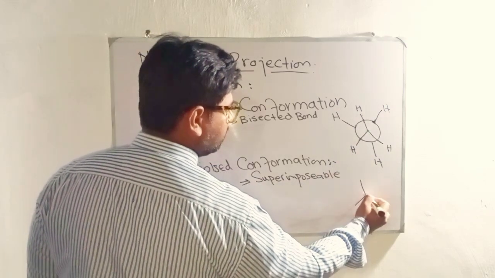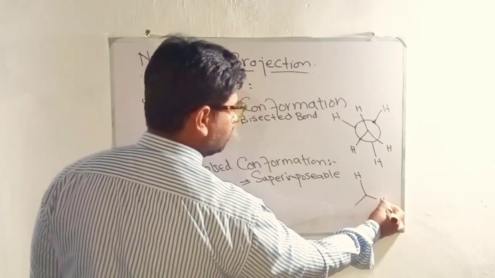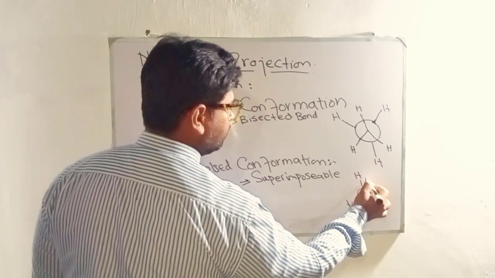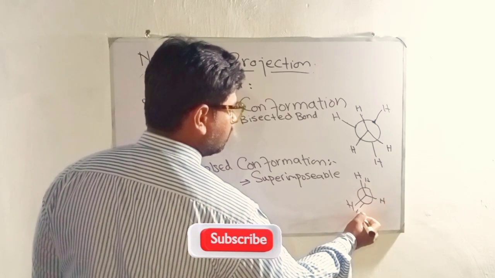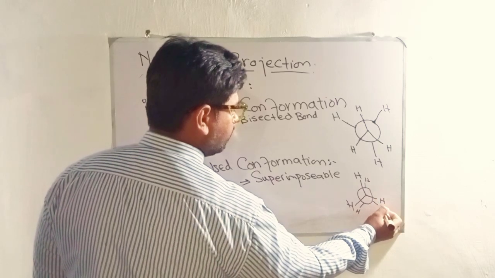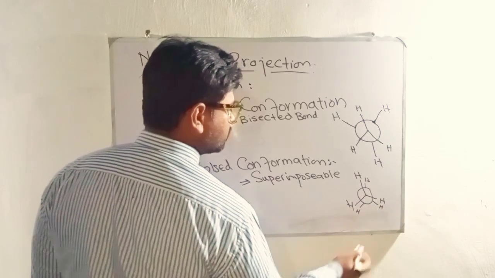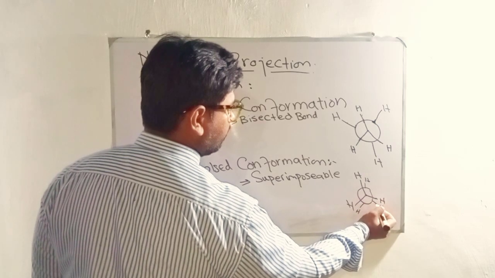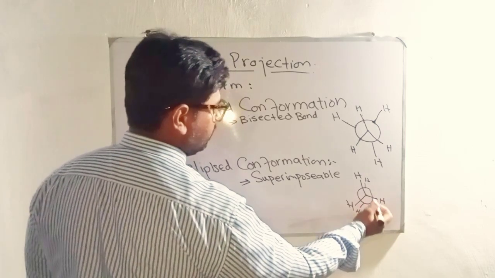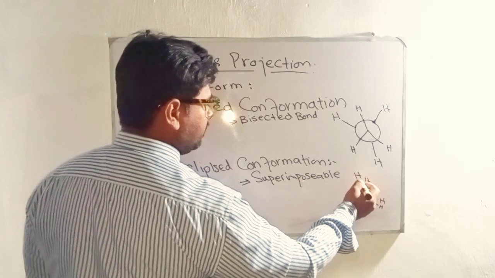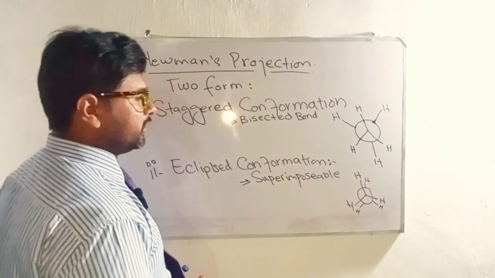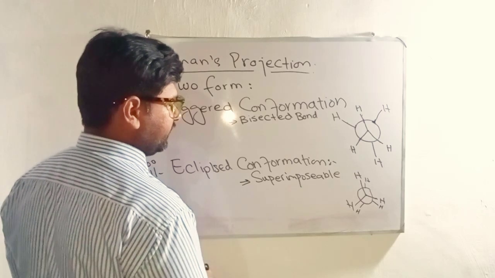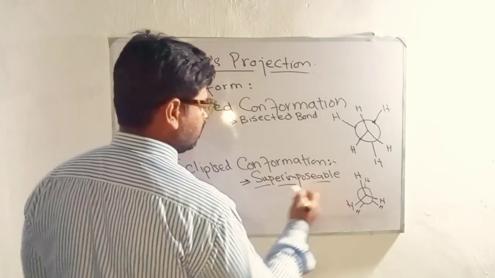For example, this is the front carbon of ethane, and the rear carbon is parallel to the carbon to hydrogen bonds of the front carbon. So these carbon to hydrogen bonds of the front carbon are parallel to the carbon to hydrogen bonds of the rear carbon. So we will say that they are superimposable.